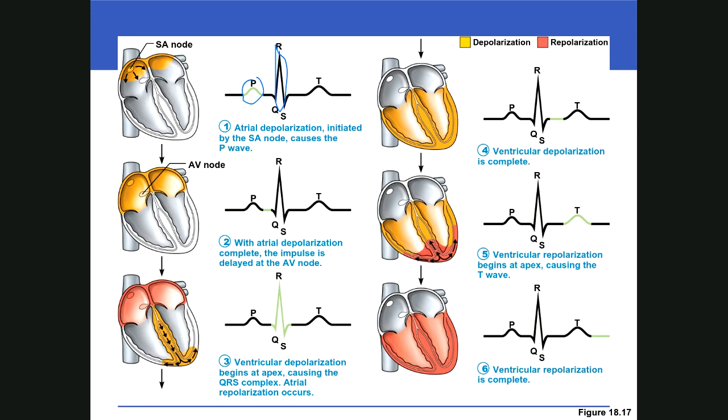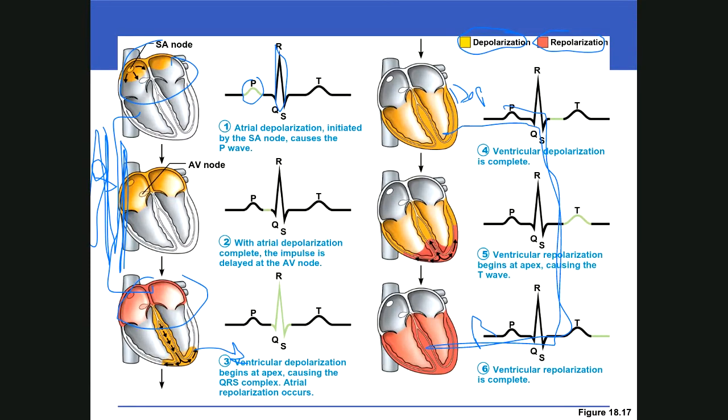It happens between these two. So here's the P wave, and there's QRS. So contraction happens between them. It happens here. Same thing here. Here's ventricular depolarization, and here's repolarization. Depolarization, repolarization. Contraction of the ventricles happens between these two.